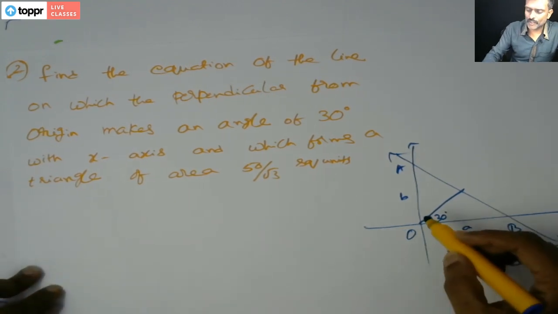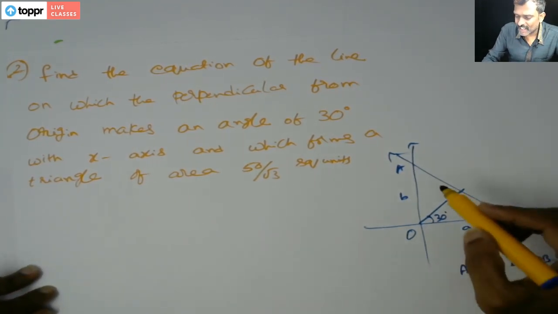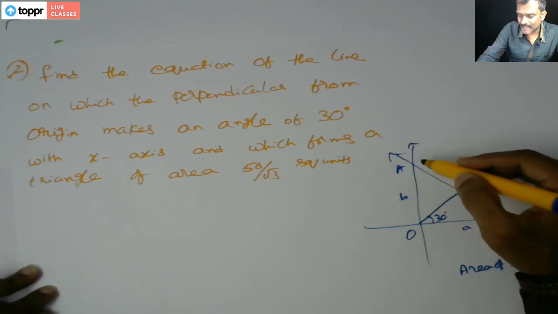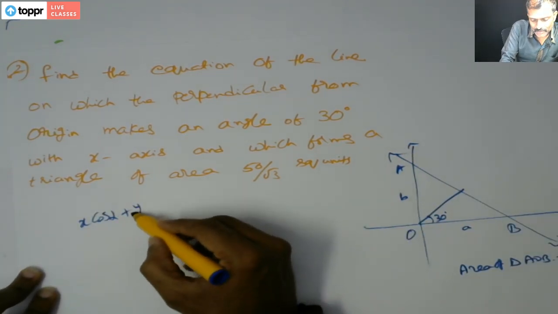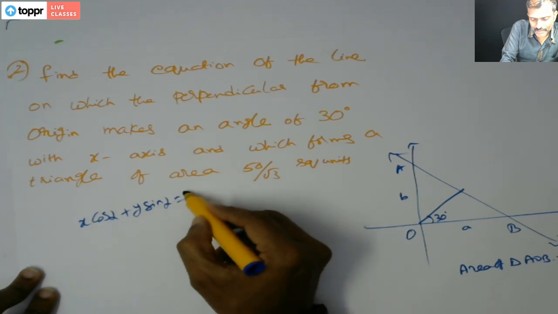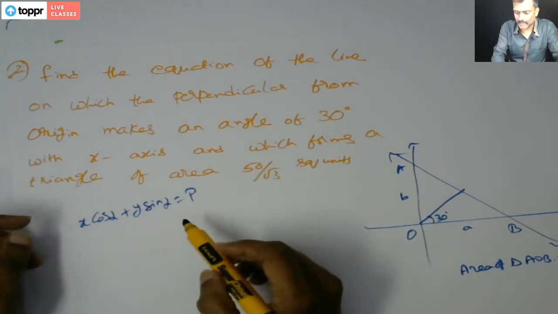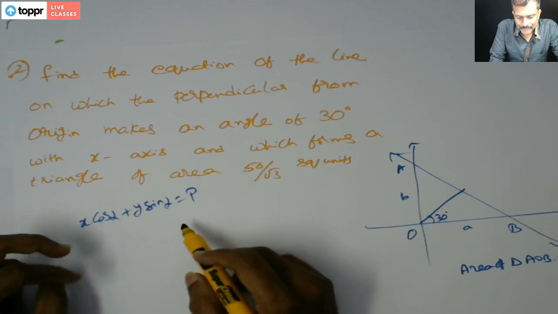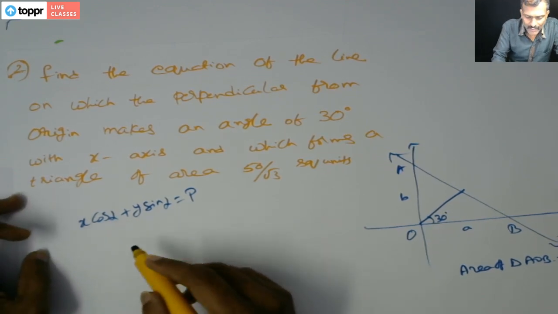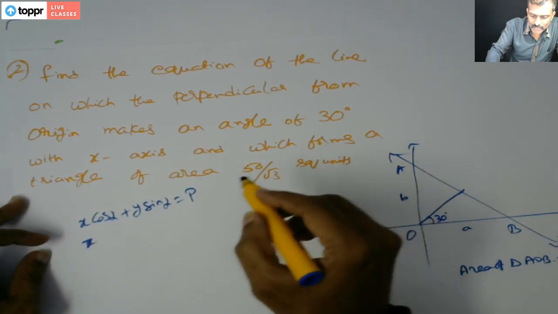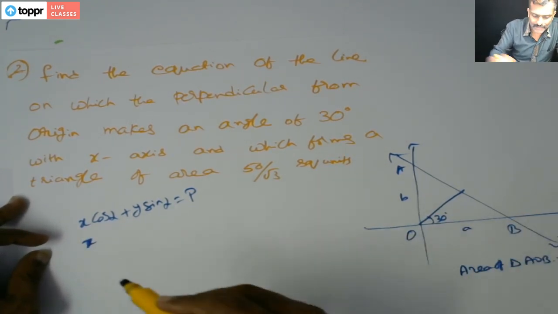Now we know that the equation of this line is x cos alpha plus y sin alpha is equal to p, which we have just learned, right? This is the formula we have learned. Here the angle is 30 degrees.